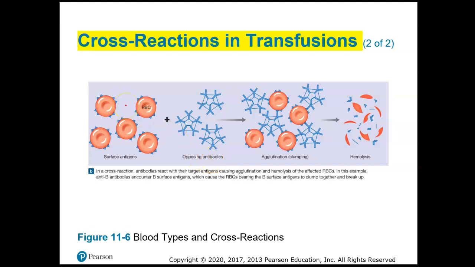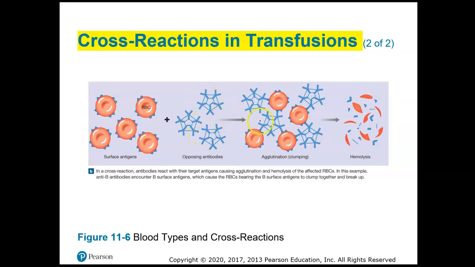If this is the donor's blood, so the donor has type B, and it is transfused into someone who's type A, the person who's type A is going to have anti-B antibodies in their plasma.